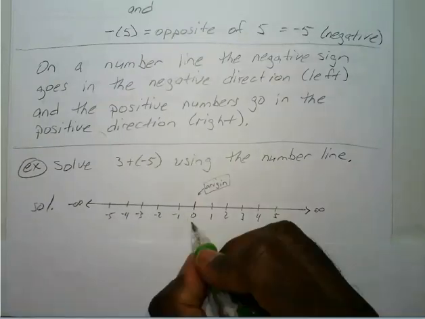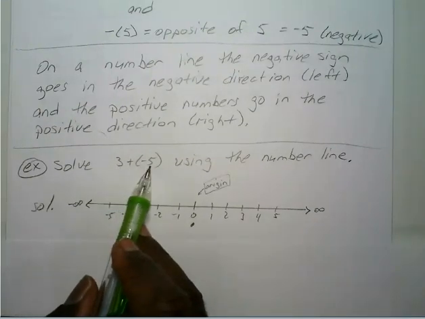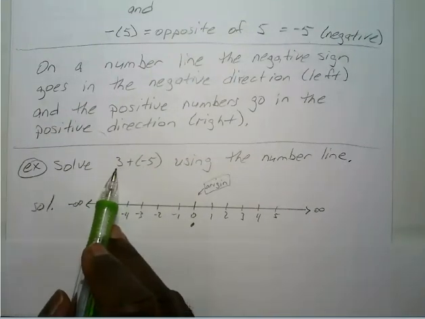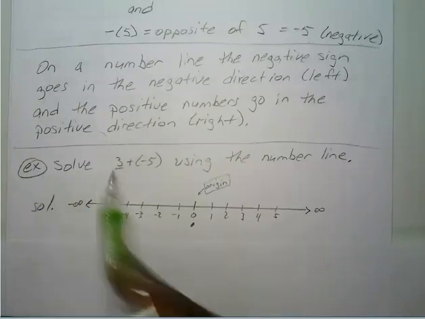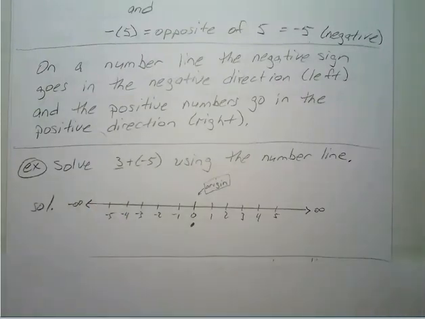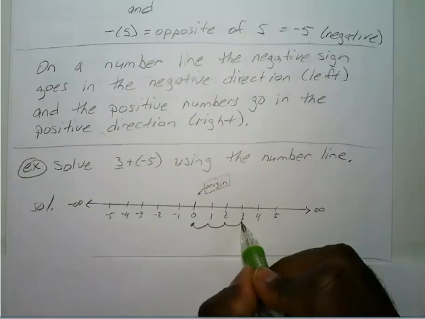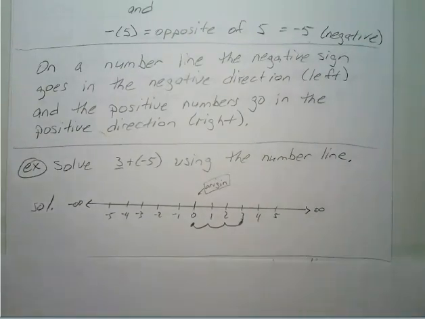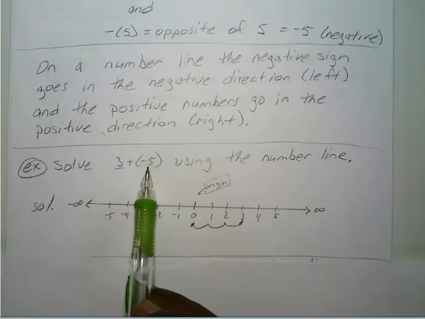Starting at the origin, we have 3 plus negative 5. The 3 is positive, so we go to the right, 1, 2, 3, and make a little mark there. Then we have plus a negative 5.